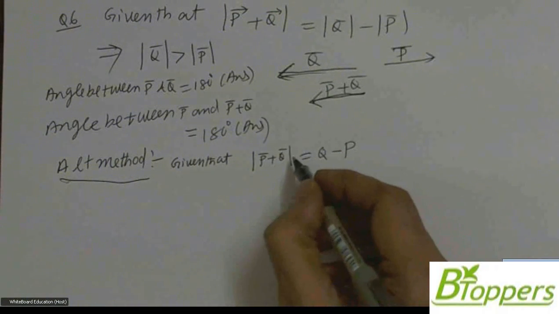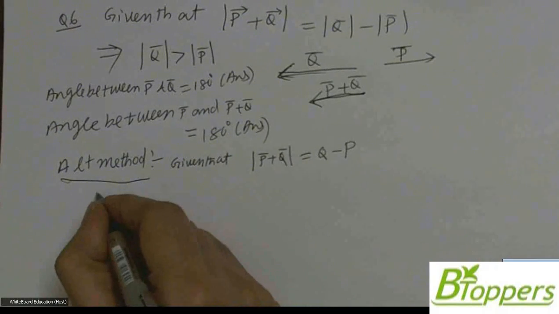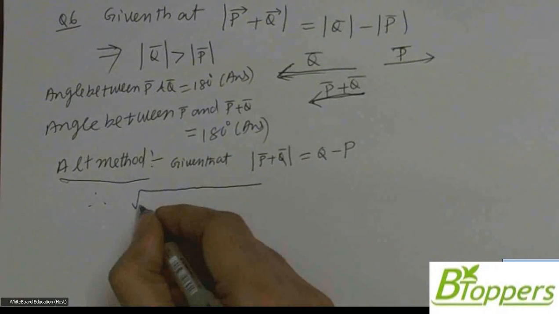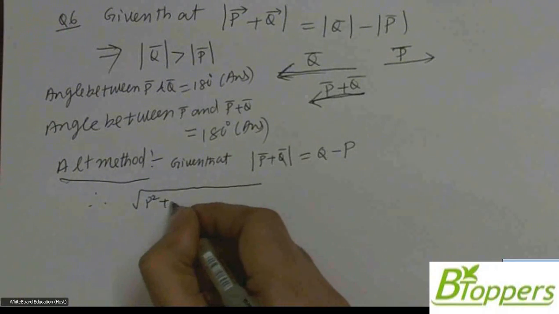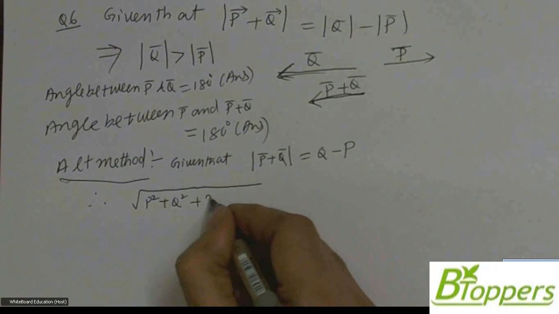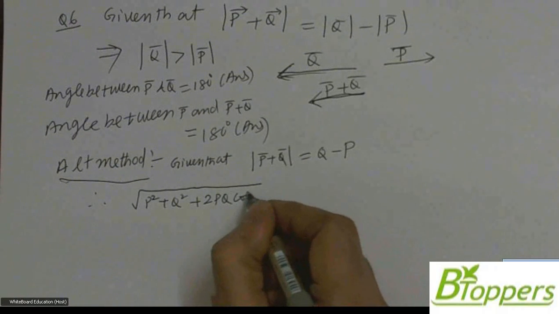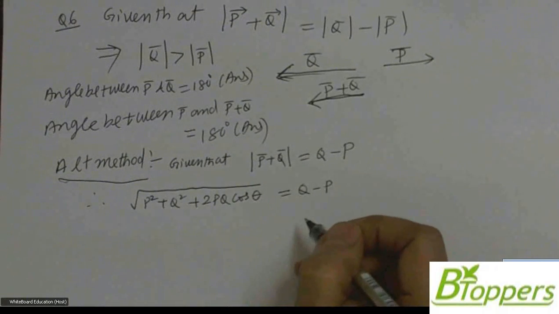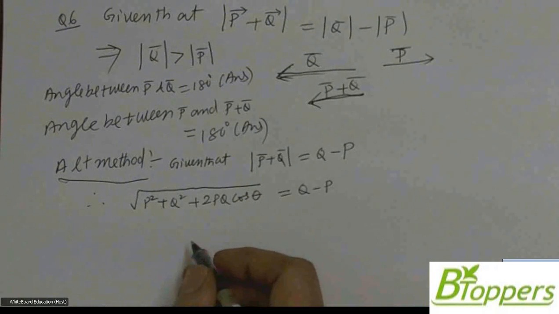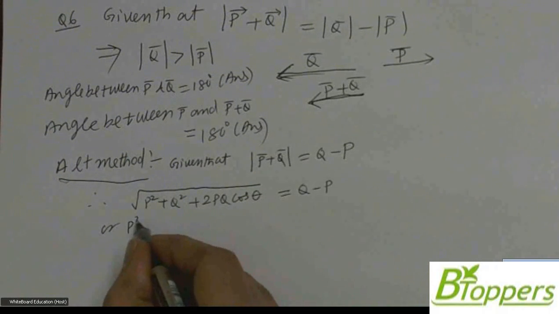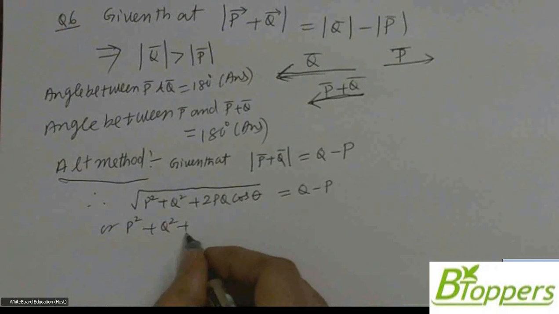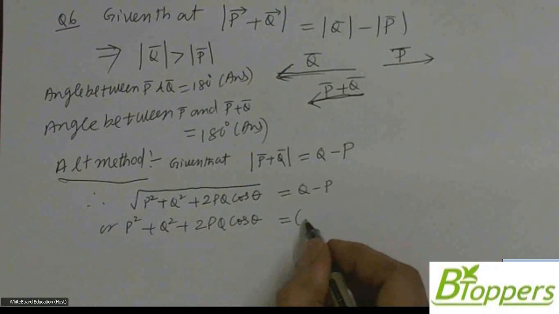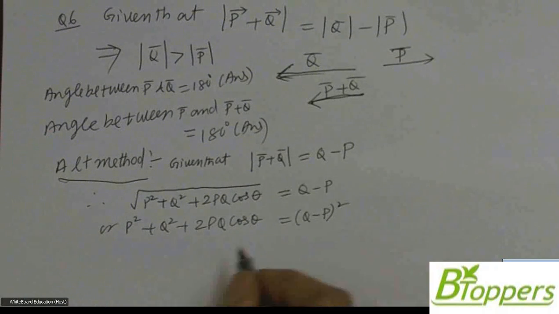If theta is the angle between the vectors P bar and Q bar, then you can write the left hand side as magnitude of P bar plus Q bar equal to root of P square plus Q square plus 2PQ cos theta, equal to Q minus P. Now square both sides of this equation. You get P square plus Q square plus 2PQ cos theta equal to Q minus P whole square.